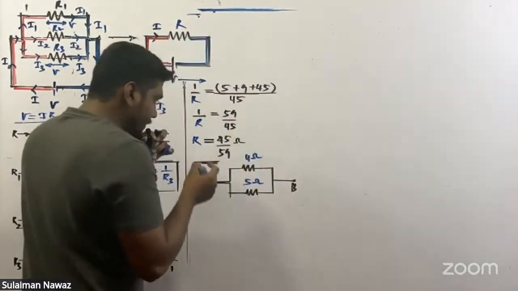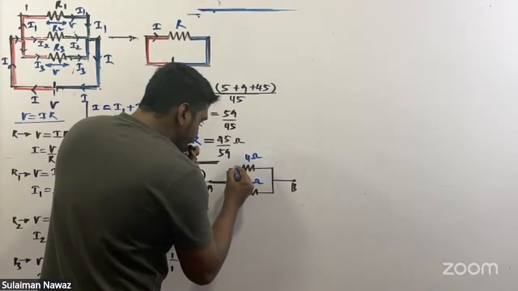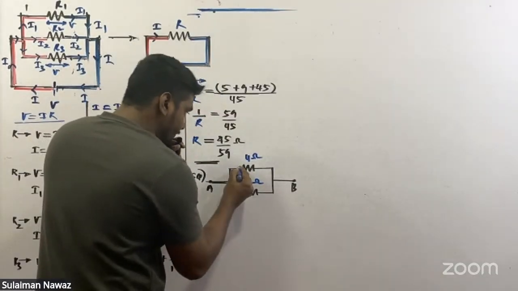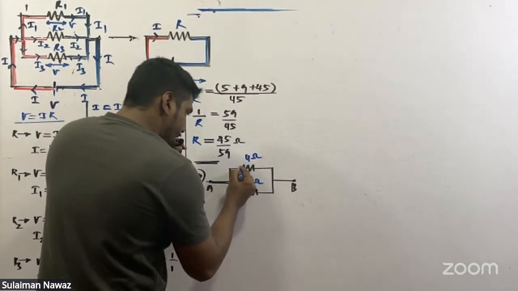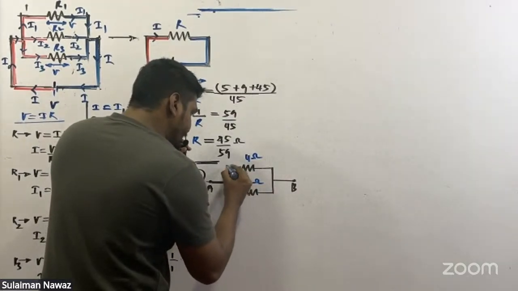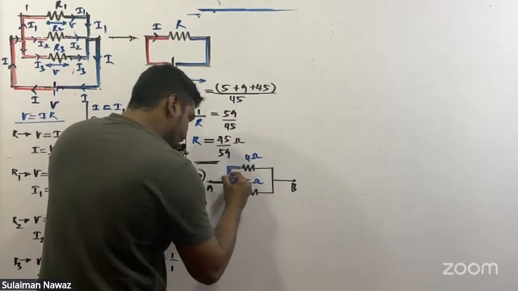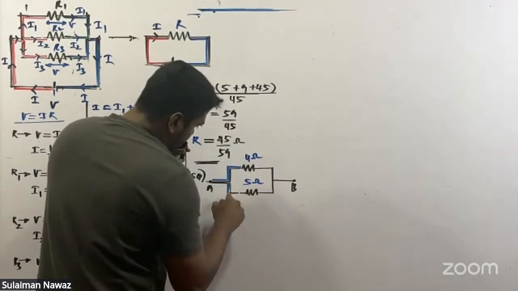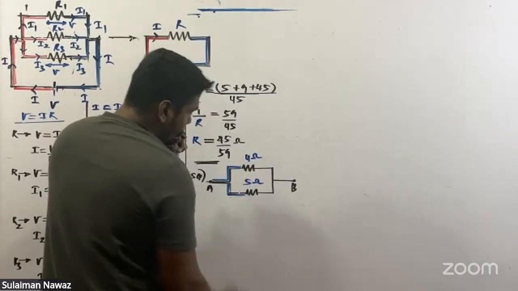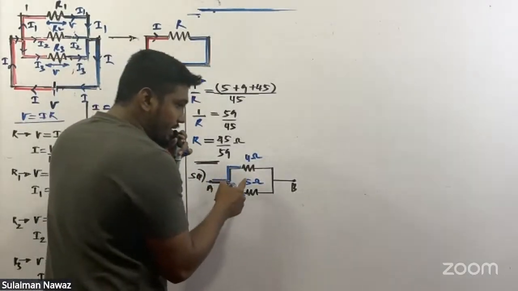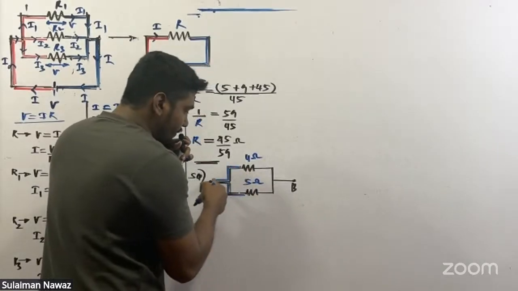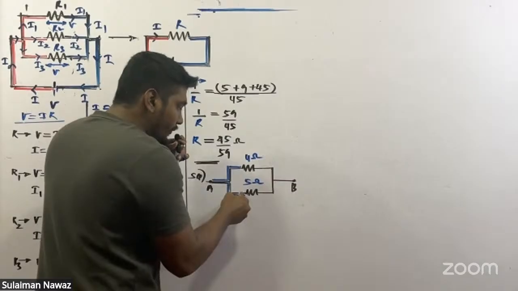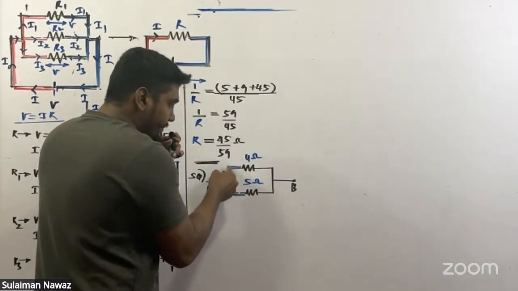For example, if I take the voltage at a point somewhere here, this voltage remains the same throughout this conductive path. Then all these points on this conductor have the same voltage.